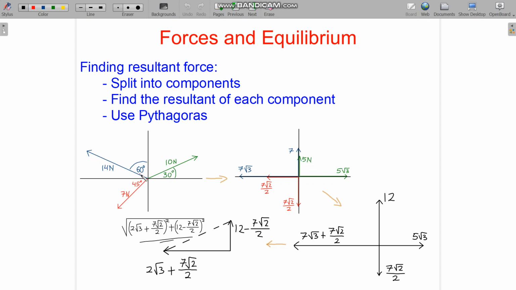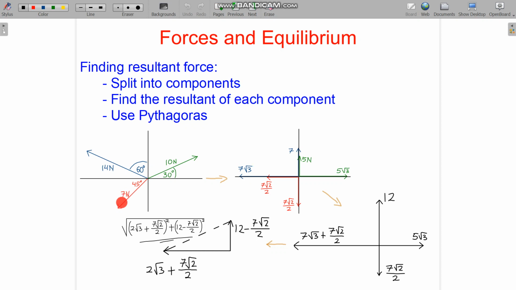And the 14 newton force, you can split into this component, the cos, so this is 14 cos 60, which is 7, and this component to the left, the opposite of the 60, 14 sine 60, is 7 root 3.